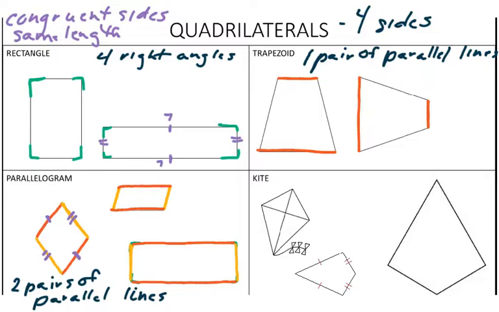Now, the reason we need to know that is because when we look at this kite here, a kite is also a polygon. It's a quadrilateral. It has 4 sides, but a kite has 2 sets of congruent sides. Okay?